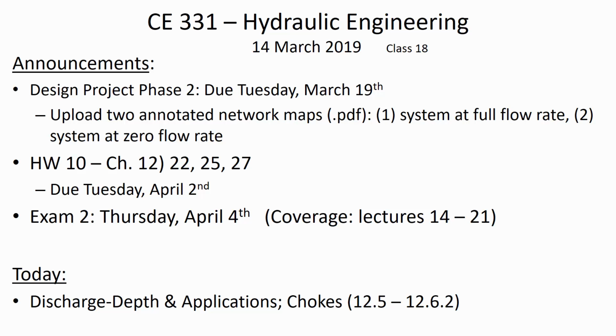Remember, it's where you're putting labels for the junctions, the flow demand at each junction, length and diameter of each pipe, pressure at each junction, identifying the elevation of the reservoir location that you've selected. So if you have any questions about what needs to be annotated, the thing to do would be go back and look at that slide that was in class on Tuesday.